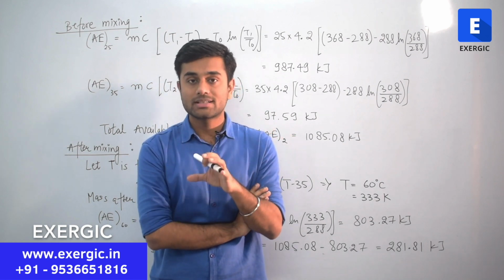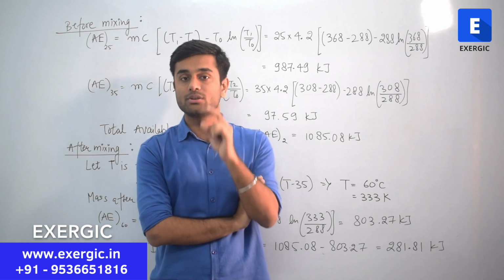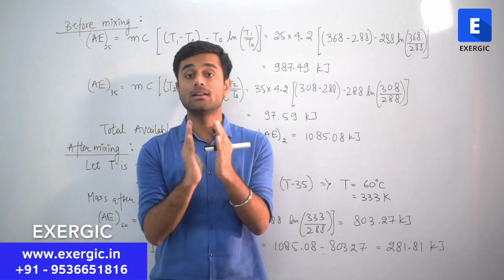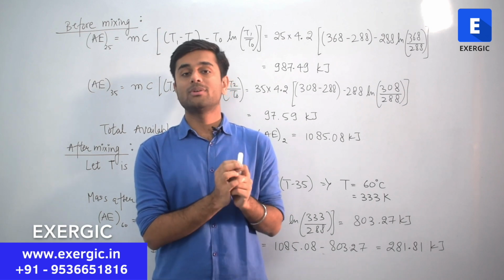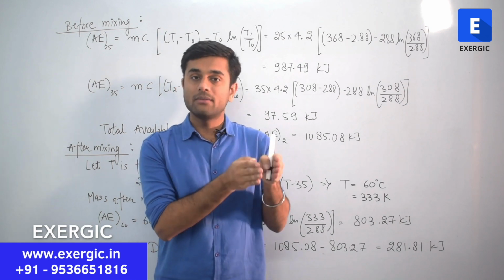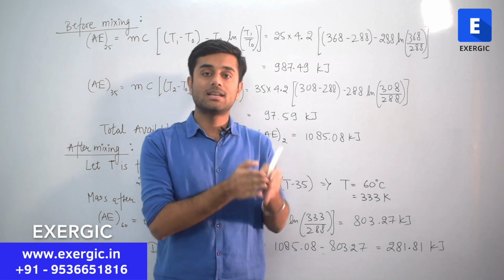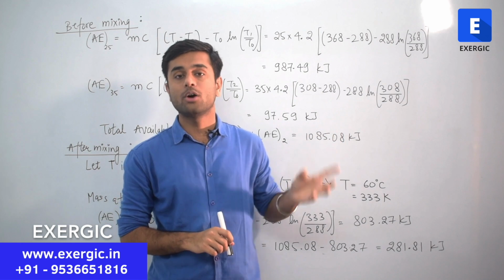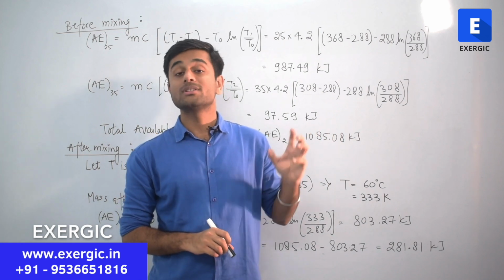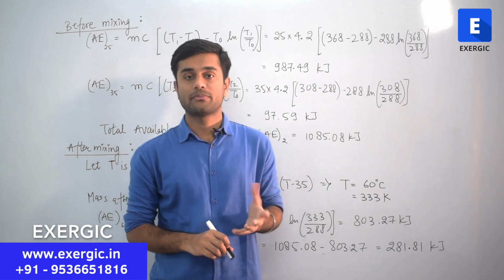So we will first calculate the total available energy of 1 plus 2, that is the total available energy we have initially, minus the available energy we will have when both of them reach the same temperature. That is going to tell us how much available energy we have lost due to that heat transfer, correct?